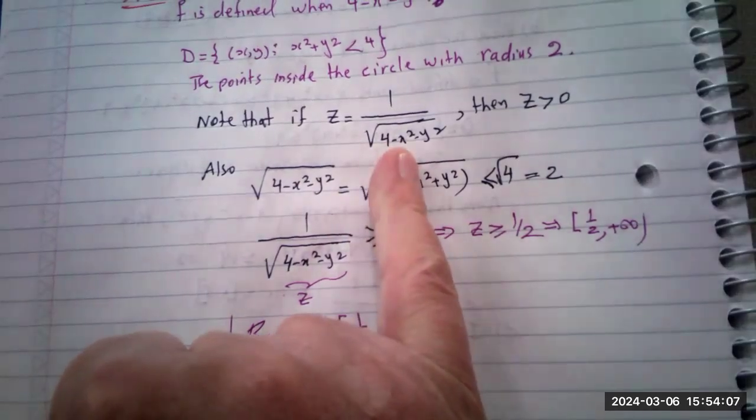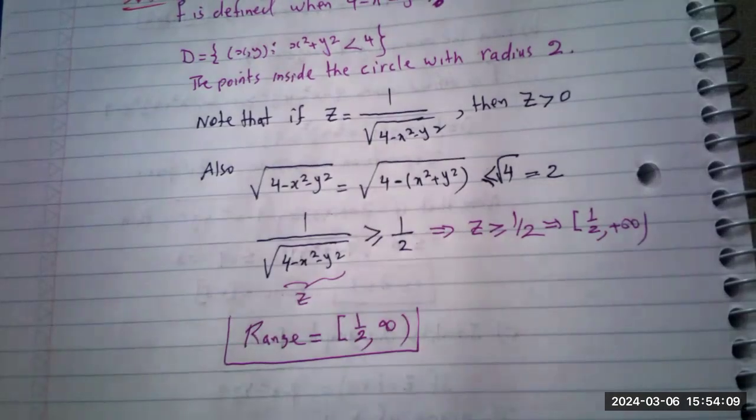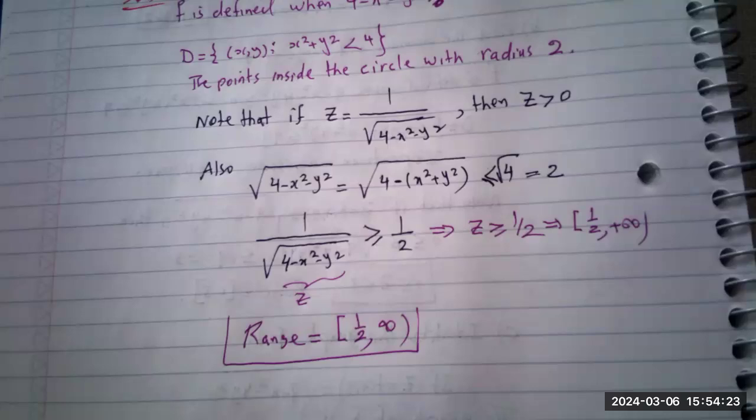The sum cannot be equal to 4, because if it were equal to 4, then it would be 0. A 4 minus something is less than or equal to 4 because that something may be 0. Okay, so the range is going to be the interval from 1/2 to positive infinity.